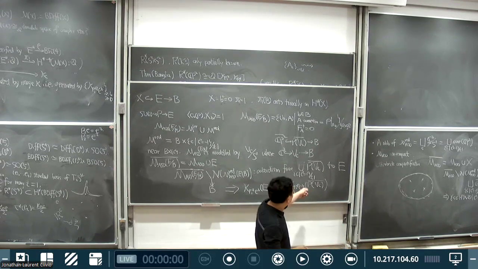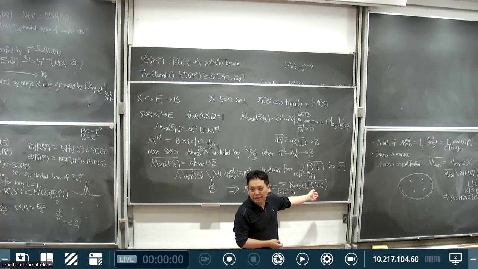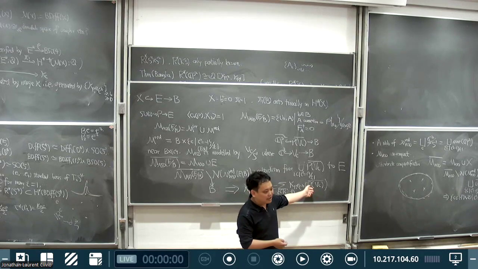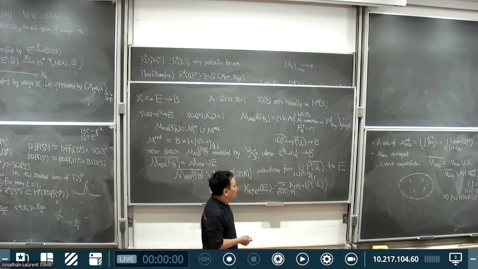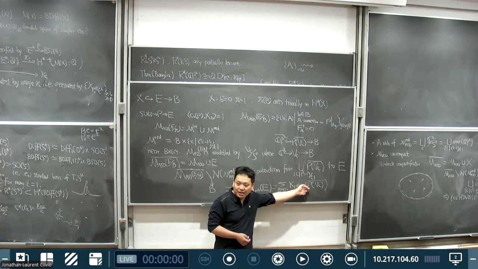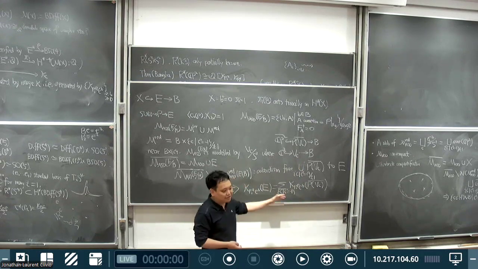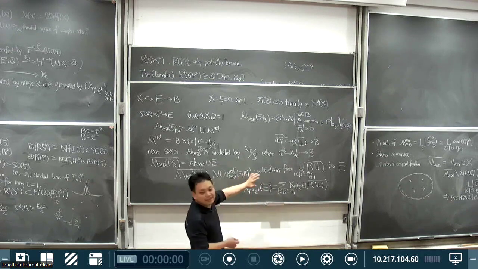But these bundles are much easier to understand because they are just projective bundles associated to rank 3 vector bundles. So this provides us with a way to compute the kappa class in terms of this projective space bundle associated to vector bundles. So that's the idea from Donaldson theory.